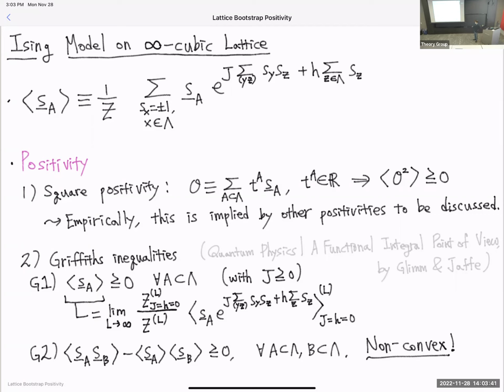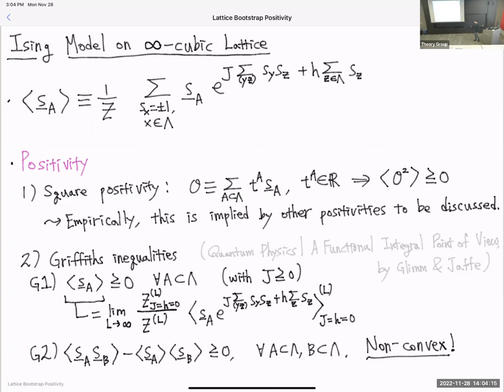It's actually easy to prove once you express this from the perspective of the zero coupling theory. In the zero coupling theory, basically you have to now also evaluate this measure factor. But because we're in the zero coupling, this expectation value is going to be non-zero only if you have no insertion of the spin in this expression. And because J and H are positive, you're going to only get a positive thing once you Taylor expand this and get the terms which are independent of the spin variables.